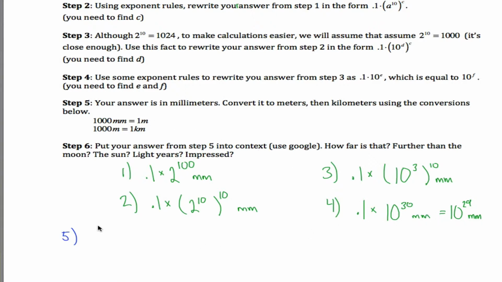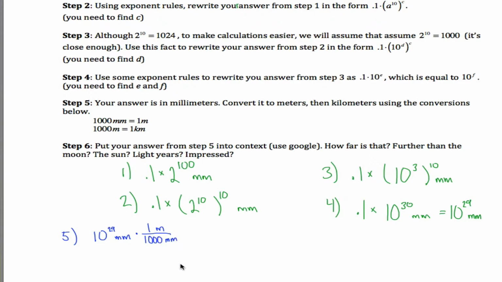So if we have 10 to the 29th millimeters, and we wanted to convert that into meters, we'd multiply by the conversion factor. For every 1 meter, there's 1,000 millimeters.